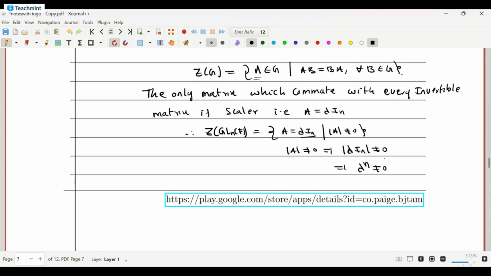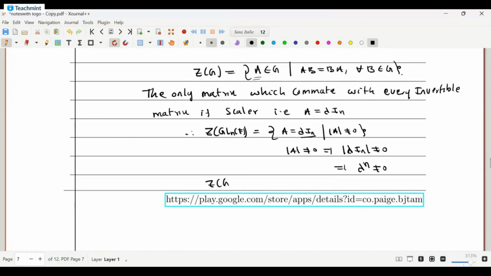Right? Determinant of lambda In is equal to lambda power n. Correct. So what do the elements look like?